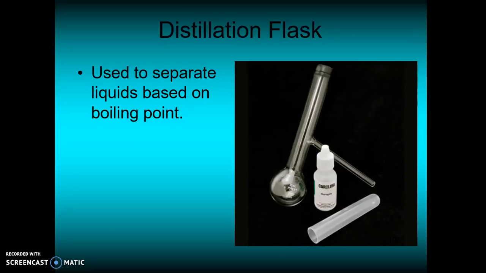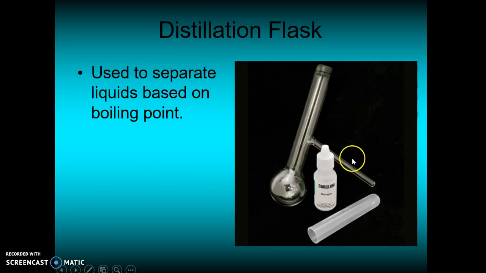Distillation flasks. You won't be using these much, but just make sure that when you look at them, you know what they are. These are distillation flasks, used to separate liquids based on boiling point. When you're boiling two different liquids with different boiling points, like water and alcohol, you use this distillation flask.